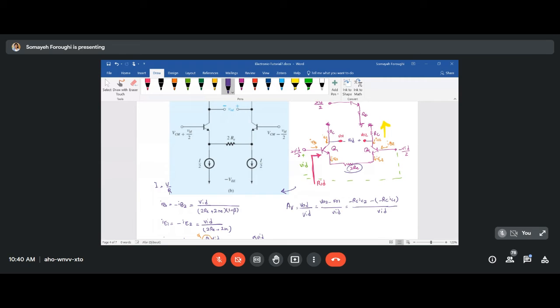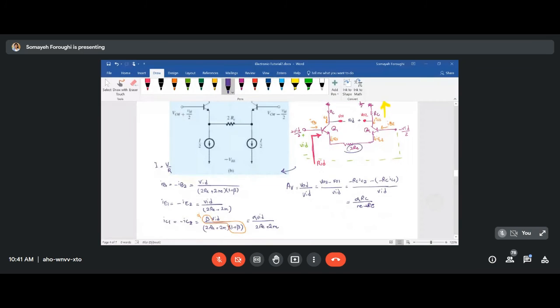Doing the rearrangements like before, you will have alpha RC over RE plus the capital RE. So this is my voltage gain in the differential amplifier.